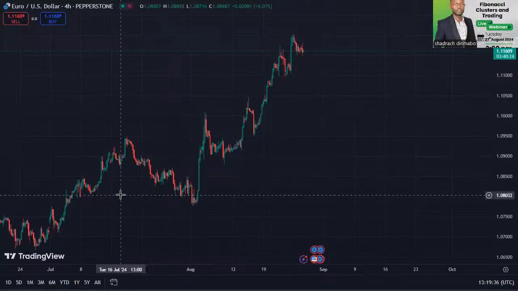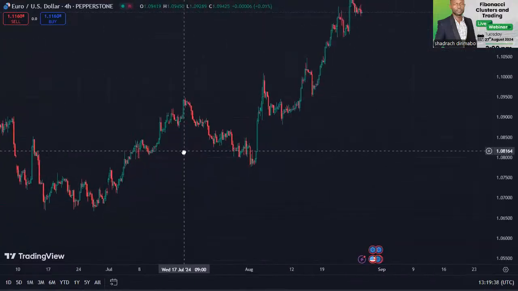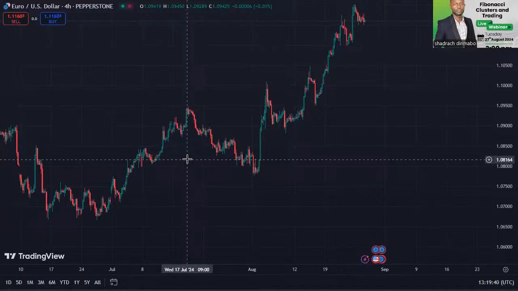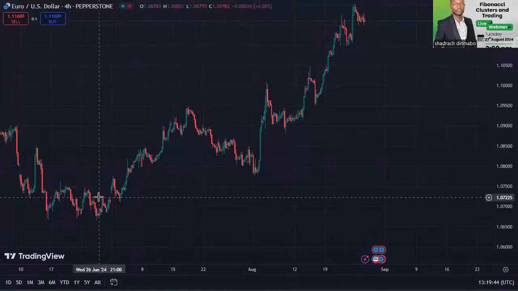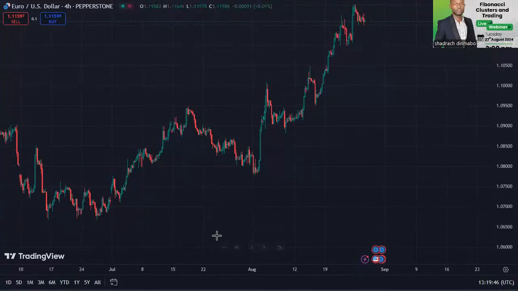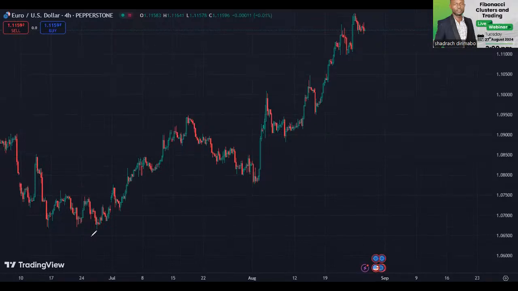And there are some key things you have to look into before you draw your Fibonacci clusters. Number one, you must identify a trend. Like here, you could see that Euro USD has been on the upside for quite a while, right?